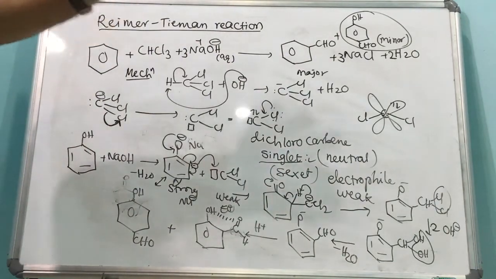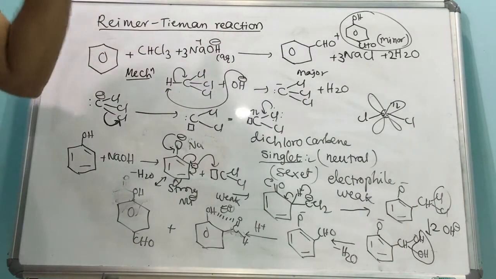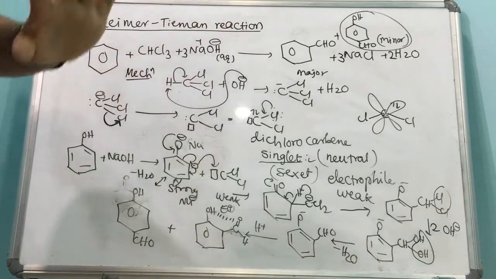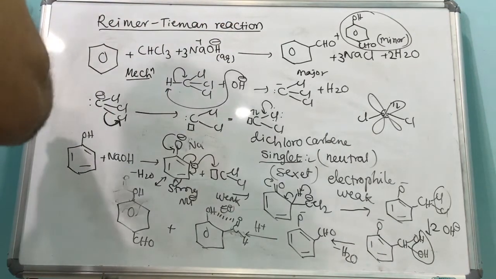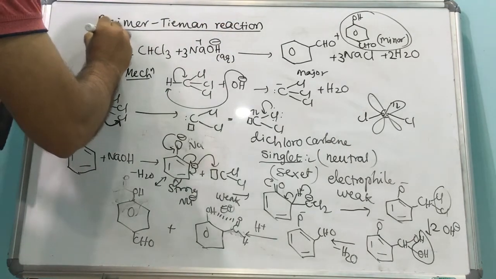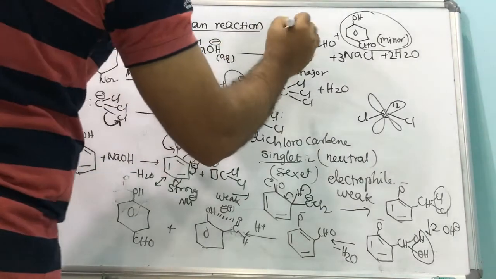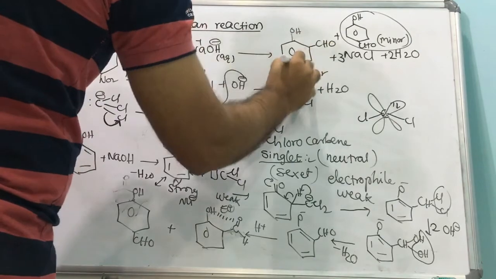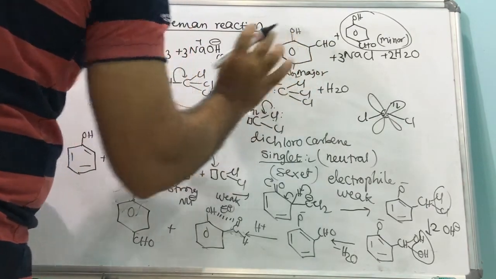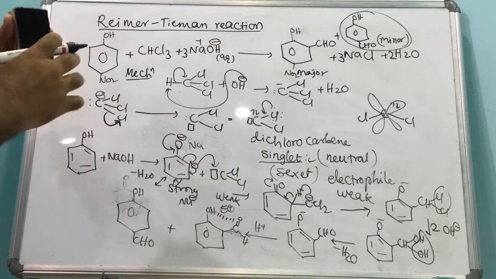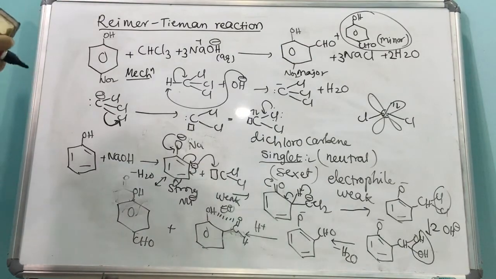Now I wrote this product, but the question is whether this product is possible or not. One more question: here OH and here NO2 group, is a product like this also possible or not? These are very important questions for competitive exams.